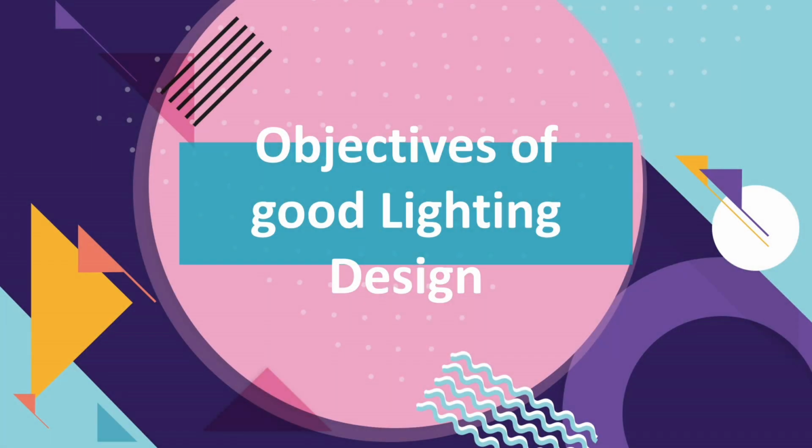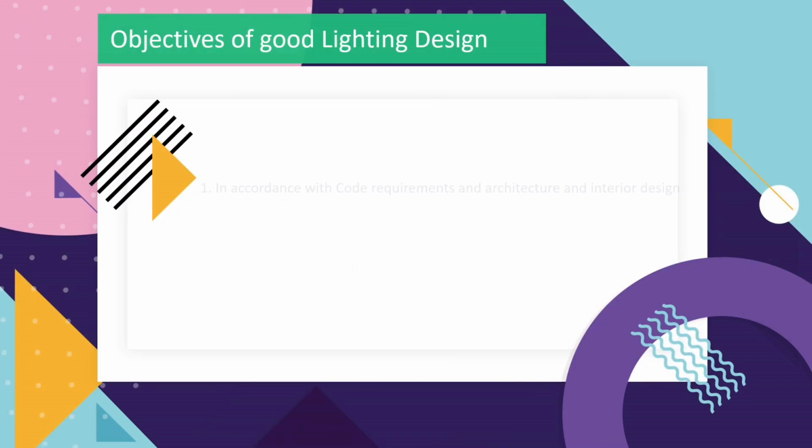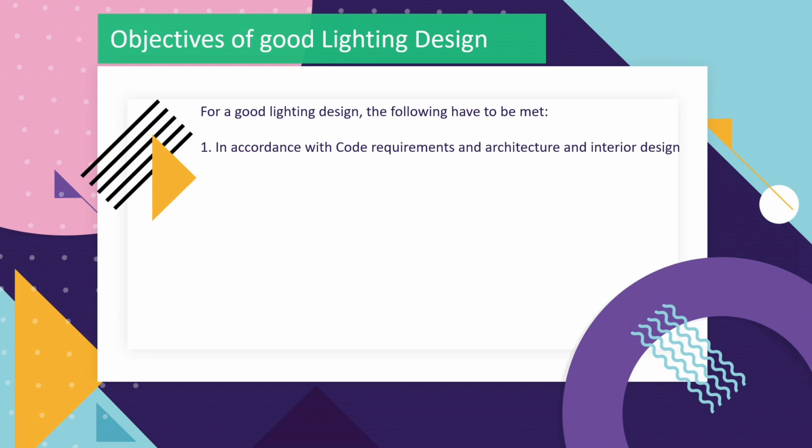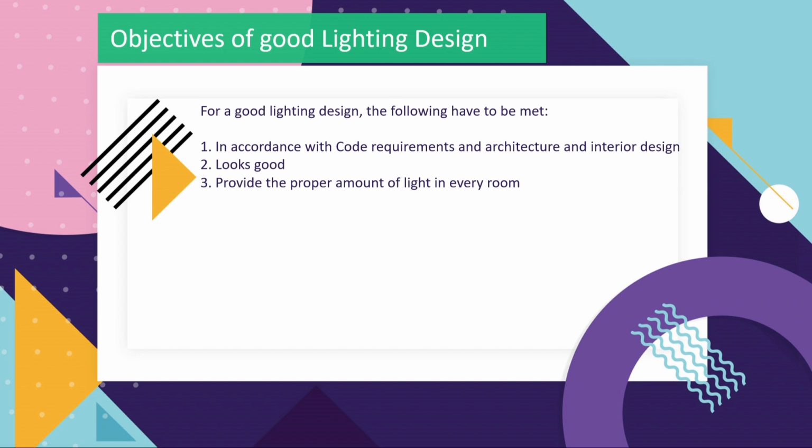Objectives of a good lighting design. For a good lighting design, the following have to be met. First, in accordance with code requirements in the architecture and interior design. Second, looks good. Third, provide the proper amount of light in every room. Fourth, be built and constructed within budget.